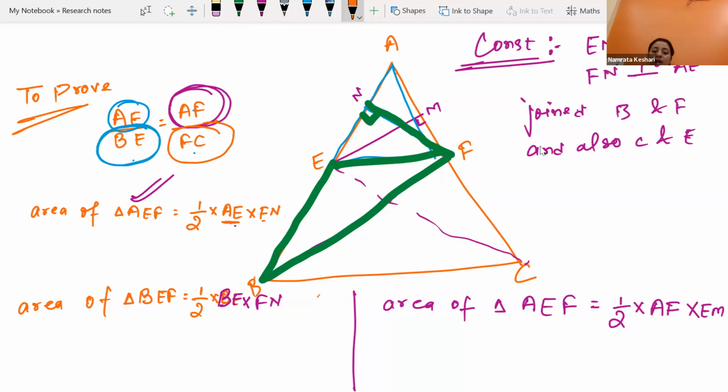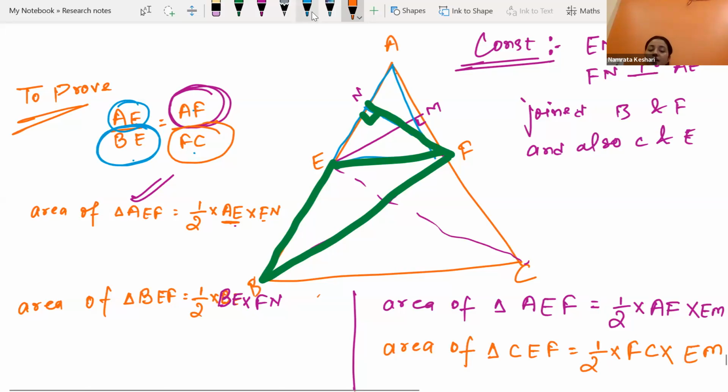Can you tell me which triangle can be taken? CEF. Yes, if we take triangle CEF, then FC is the base, and what is the height? EM. Yes, EM is the height.